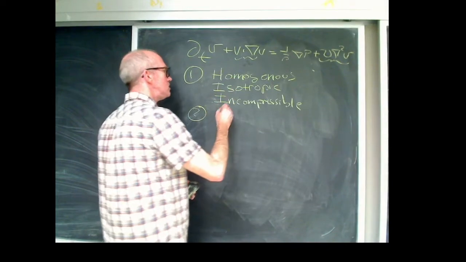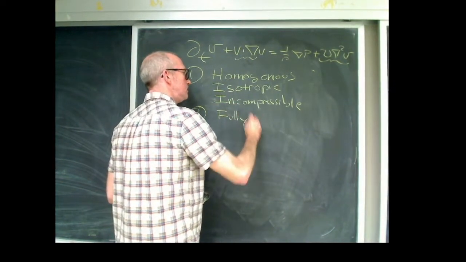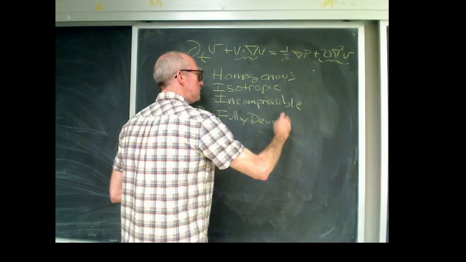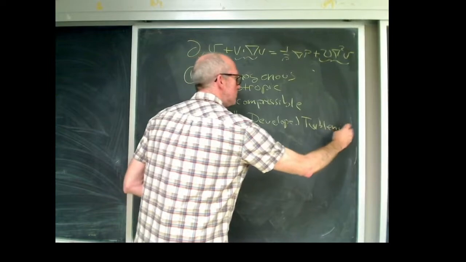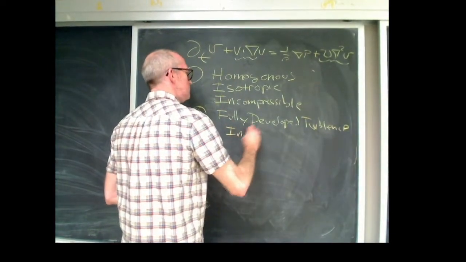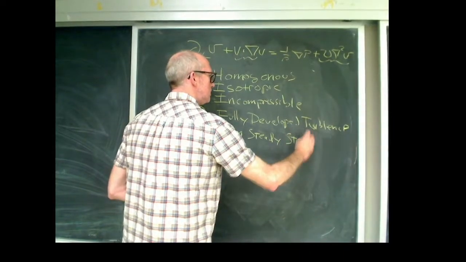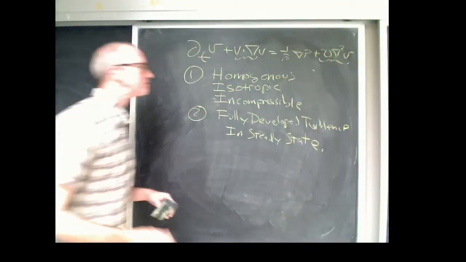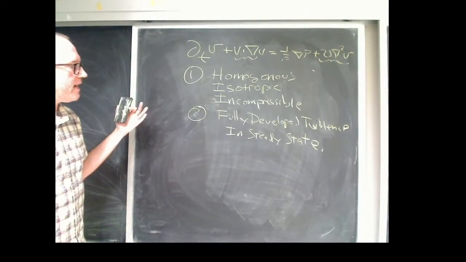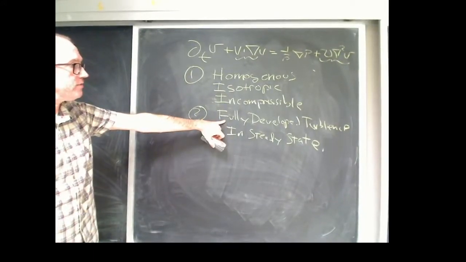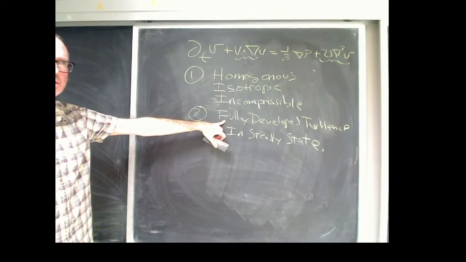The second assumption is that we have fully developed turbulence in steady state. This means that we've got structures at all scales.